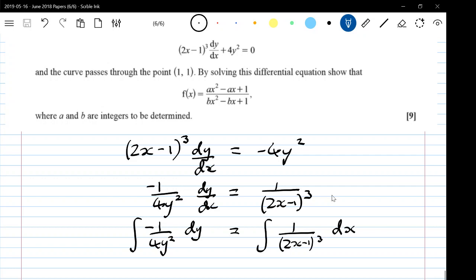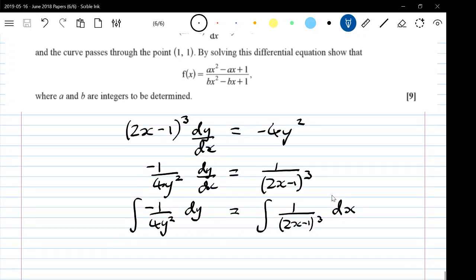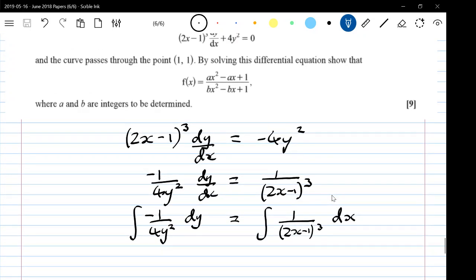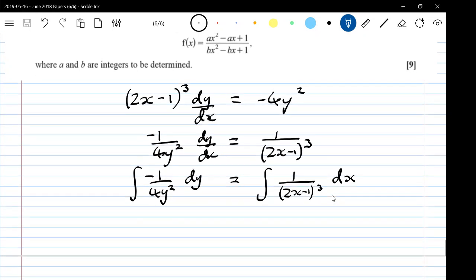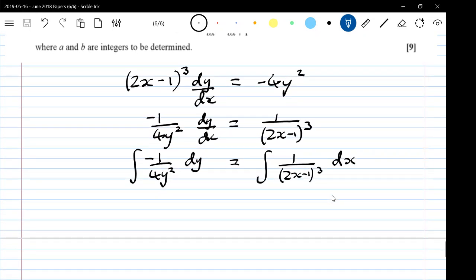And there's a big clue there, because once we've created a natural logarithm term, we're not going to be able to get rid of it in this kind of question. So neither of these sides integrate to give us a natural log. Because it's only 1 over x or 1 over y that gives us natural log. The power has to be 1 on the bottom to get natural log as the answer. Neither of these have that.